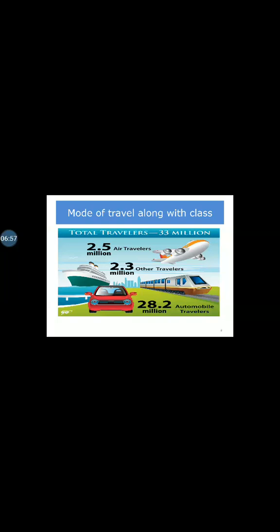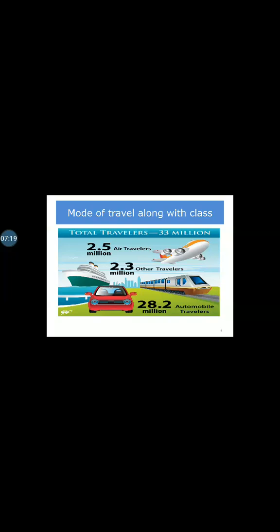Even when traveling by air, there is economy class and business class. Then there is travel by cruise, where there are different decks, and each deck has a class, and every class has a different price. That is also useful when planning the tour itinerary.